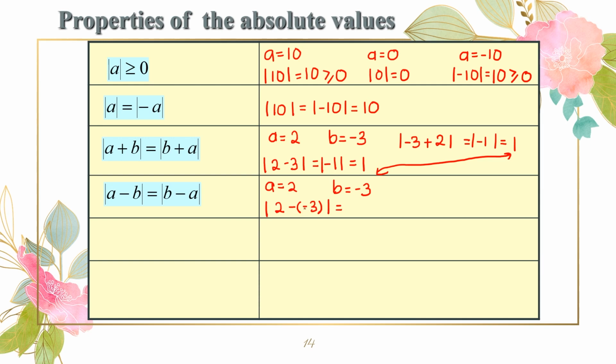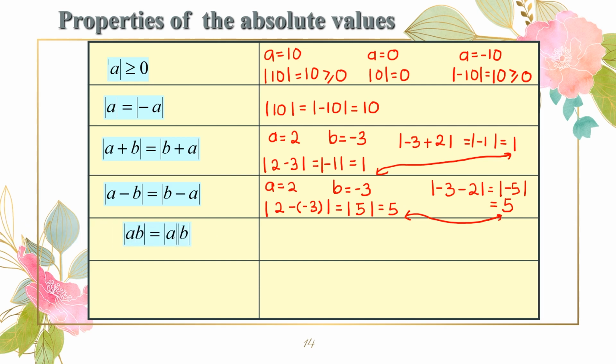So negative becoming plus, 2 plus 3 becoming 5. Absolute value of 5 is 5. How about we change the order, which is -3 minus 2 this time. -3 minus 2 will give us -5. But if we put the absolute values, it will give us 5. So it's proof that it will give the same answer no matter what the order.